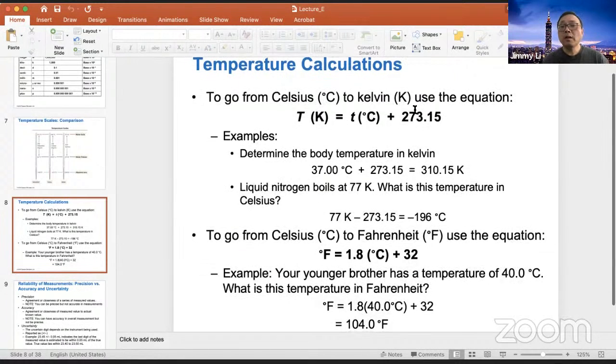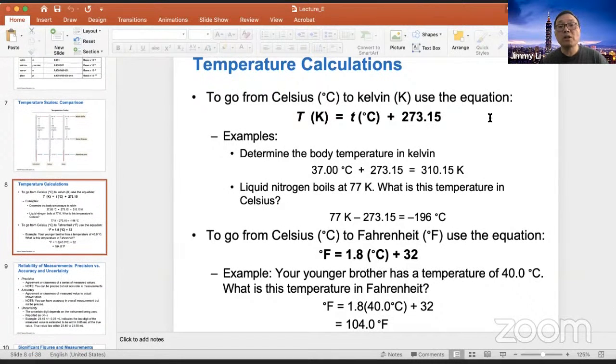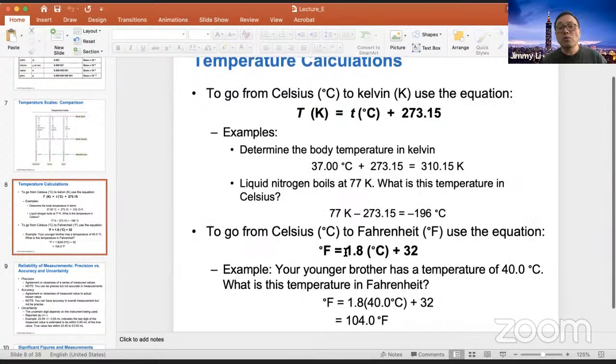Okay. Now you probably see that conversion as 273.15. Don't worry about that. 273 is good enough. Now, another conversion I just want to remind you of: converting from Celsius to Fahrenheit, Fahrenheit equals 1.8 times Celsius plus 32. You see where that 1.8 is coming from?